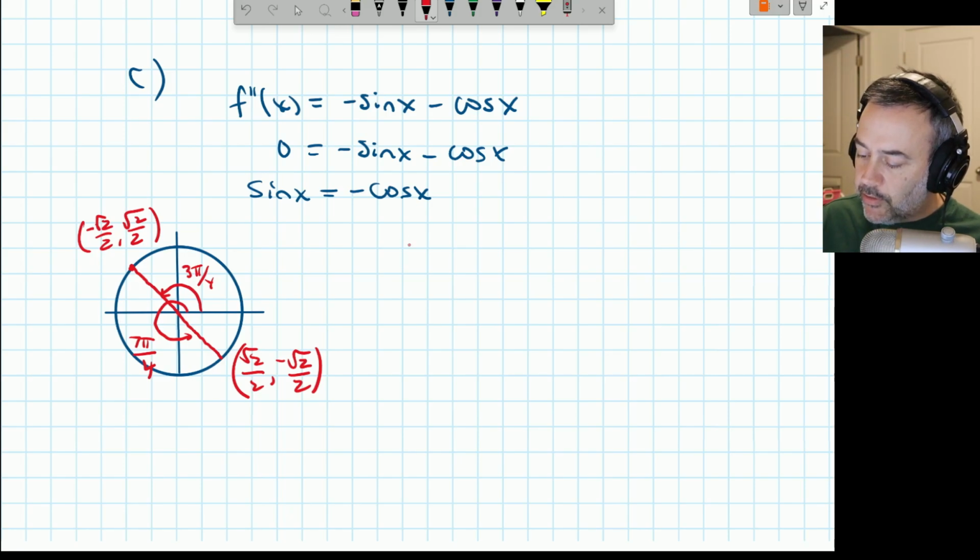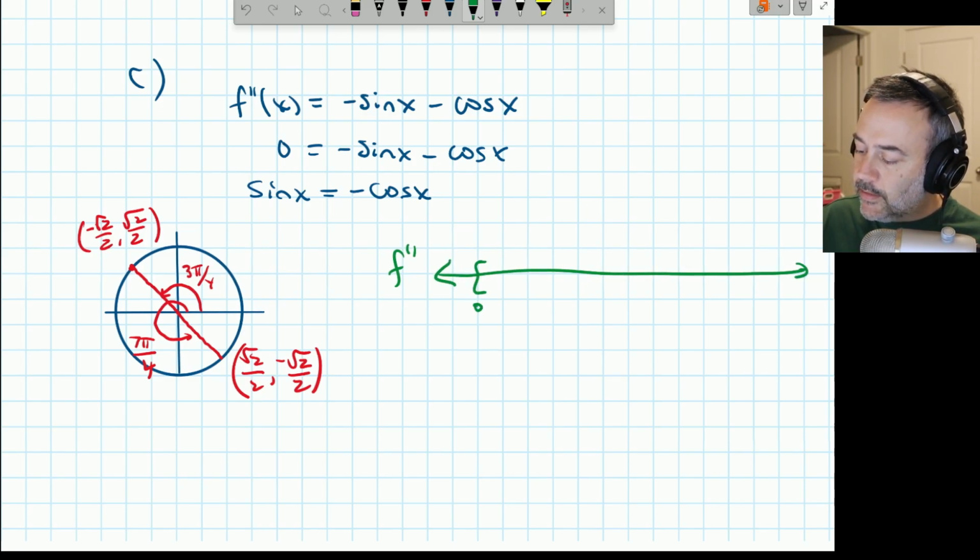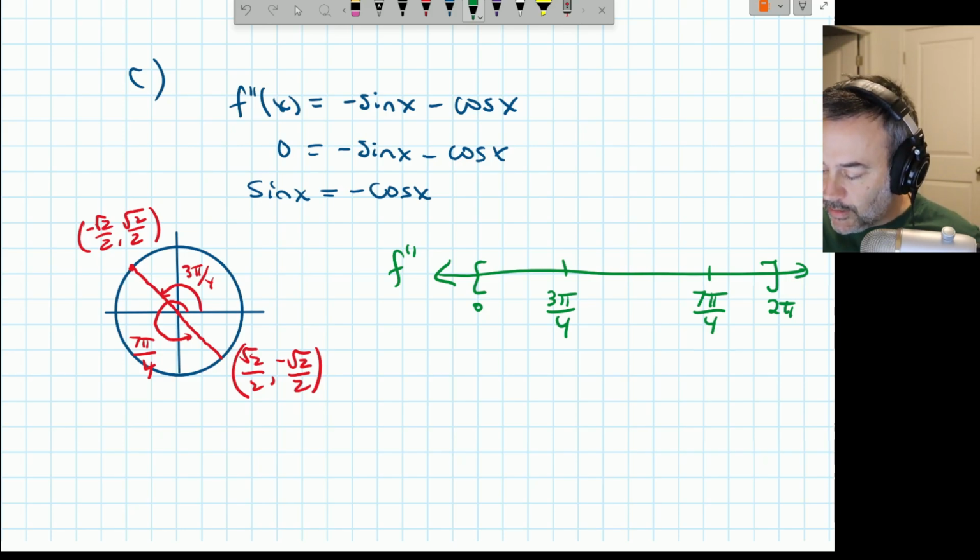And so now we just do, let's do it in green. F double prime, sign analysis, 0 to 2 pi. And we've got what? 3 pi over 4 and 7 pi over 4. Didn't quite put those in beautiful places, but that's okay.